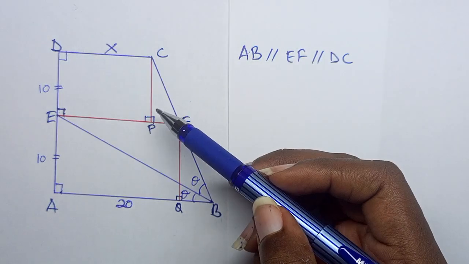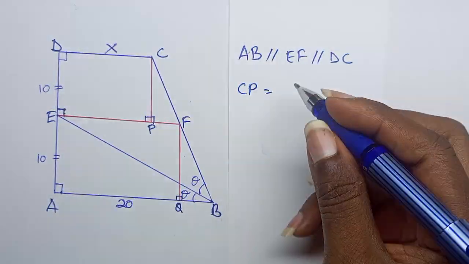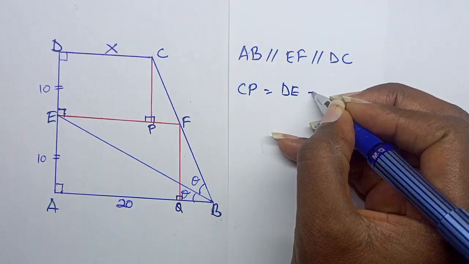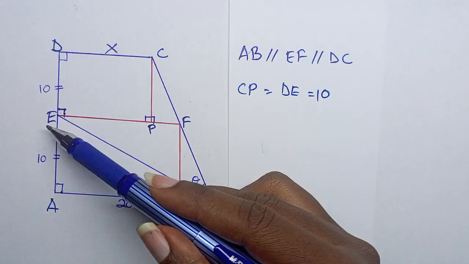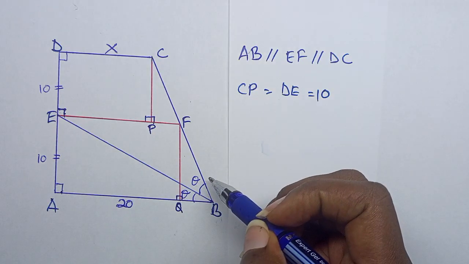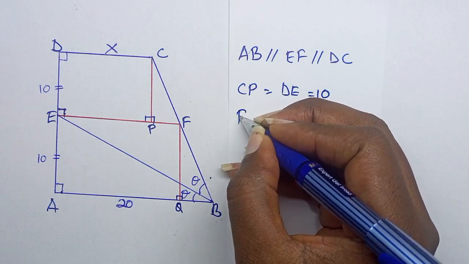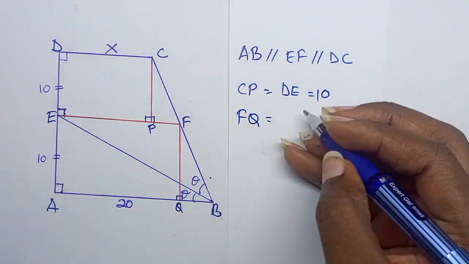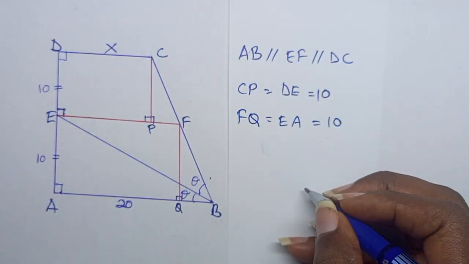Now this line CP is equal to DE, which is equal to 10. Also, AE or FQ is equal to EA, which is also 10.